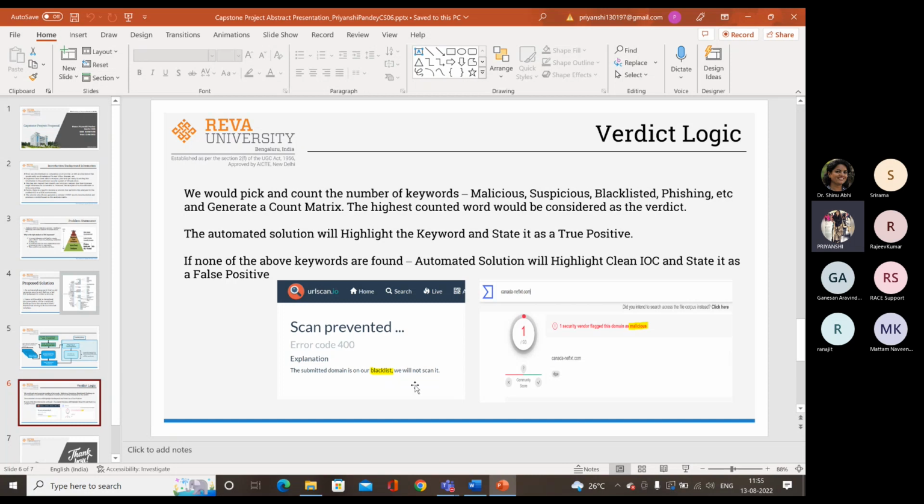But every organization functions differently, so this verdict logic can be anything according to the organization's requirement. As of now, in this particular solution, I am just keeping this as the logic. So this is the whole idea behind the IOC analysis that I am thinking of right now.